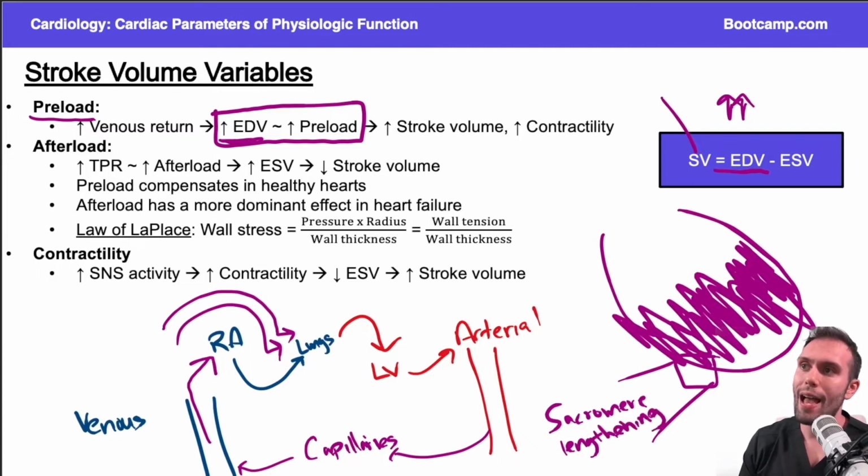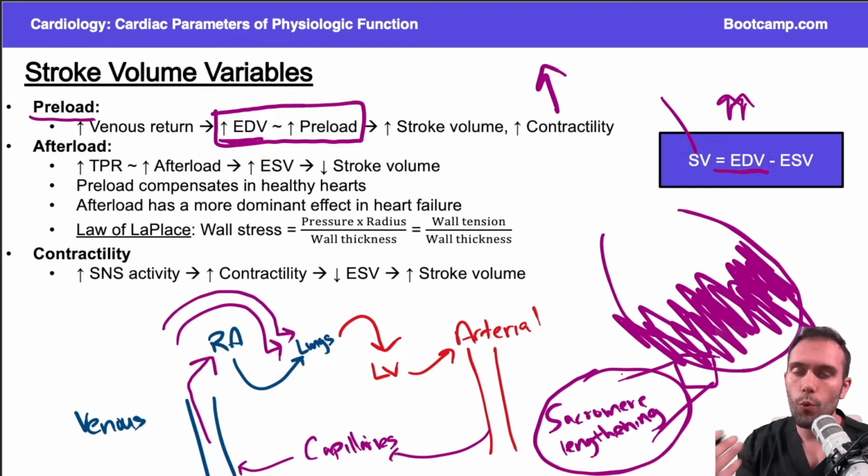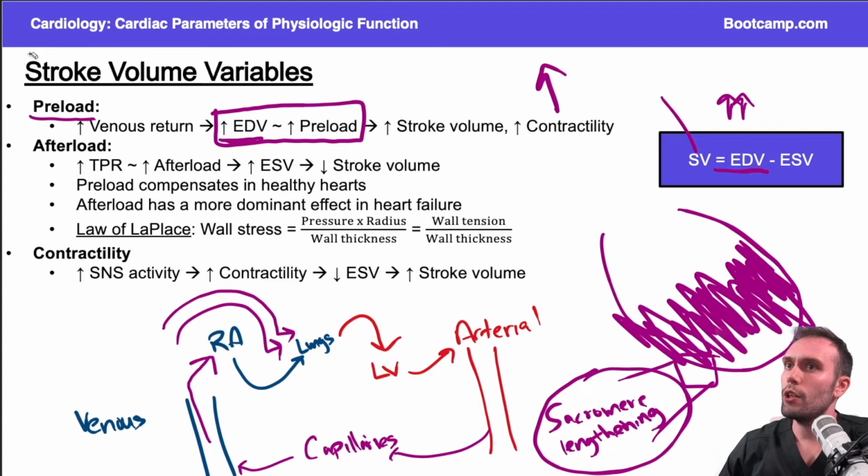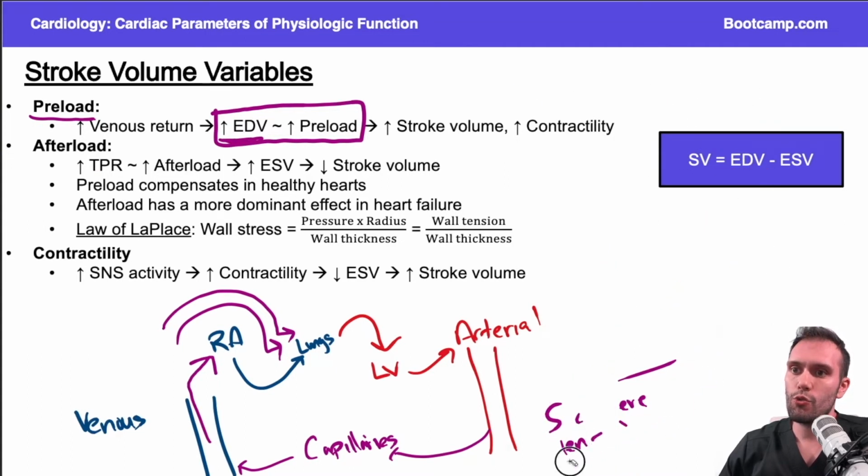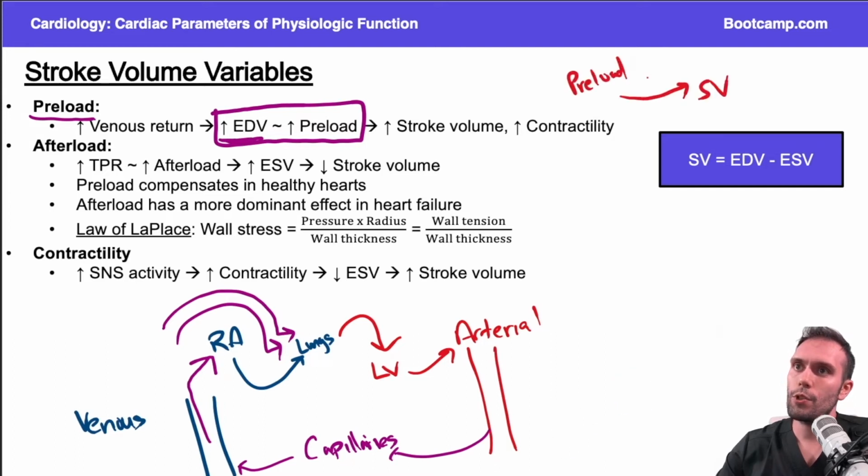In general, though, as I bring more blood to the left ventricle, as my preload goes up, my stroke volume will go up, as will my contractility. The contractility is going to go up because we have this sarcomere lengthening occurring, causing more forceful contractions. So in general, we can say that as the preload goes up, it's going to increase the stroke volume. So that's the big point. As the preload goes up, the stroke volume will go up. So we'll just put a plus sign here.